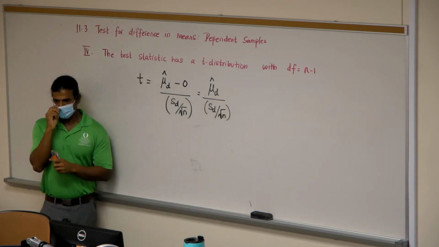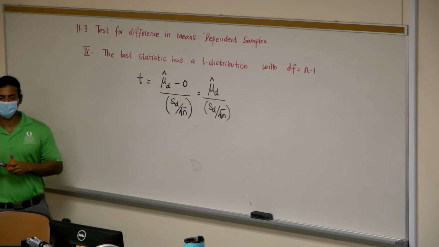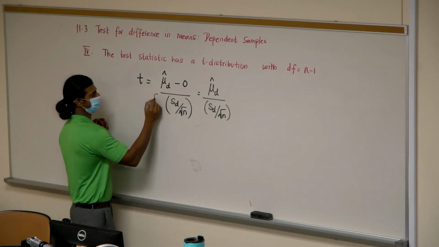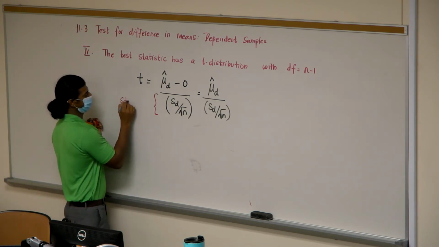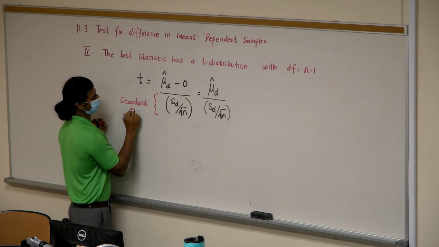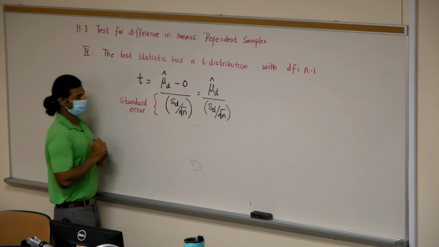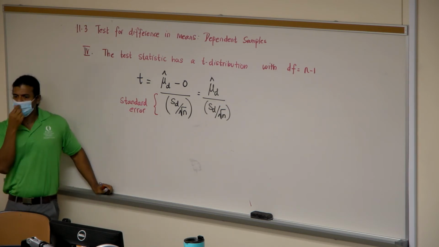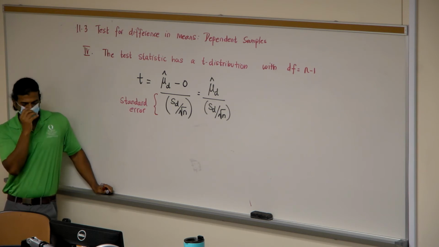So the denominator part, SD divided by square root of n, is the standard error. We will make use of that when we find a confidence interval for this problem.